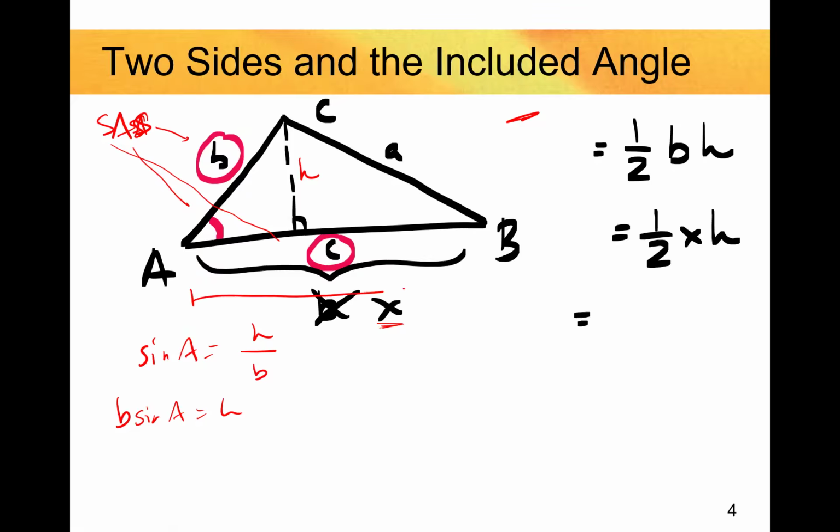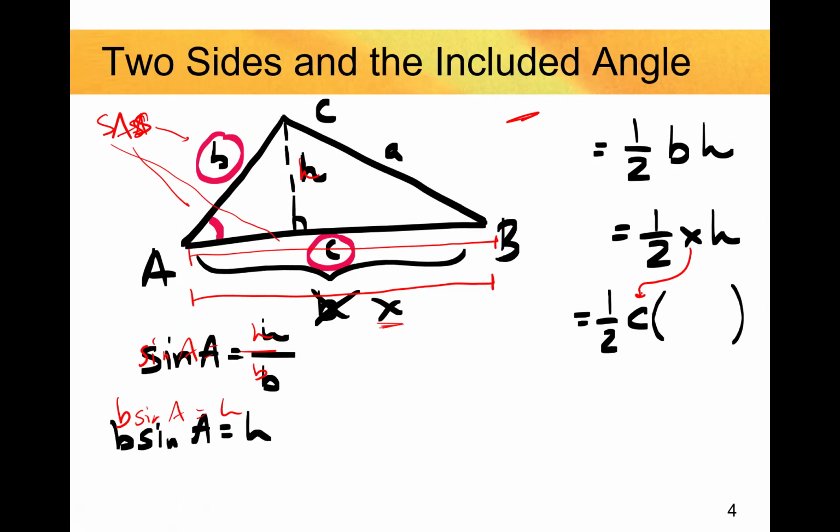X is from here to here, right? But isn't that the same thing as C? Isn't C from here to here? Yeah, we're talking about the same thing. X is technically C. So here it is, 1/2. The C goes in for X. That's easy enough. And what goes in for H? B sine of A. Perfecto.